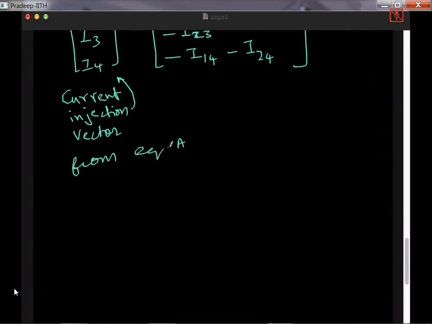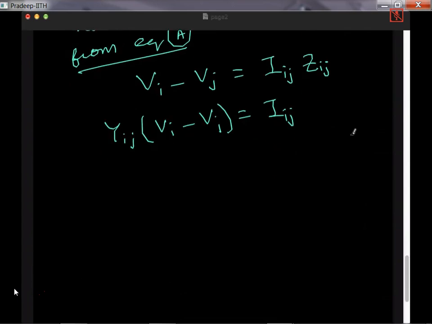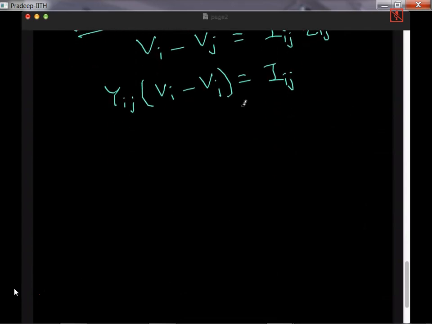From equation A, I get the following. Vi minus Vj is equal to Iij into Zij. Now this Zij, I can bring it to this side, so it will be dividing by Zij. Or you can write it as Yij. So what you get here is Iij is nothing but Vi minus Vj into Yij.